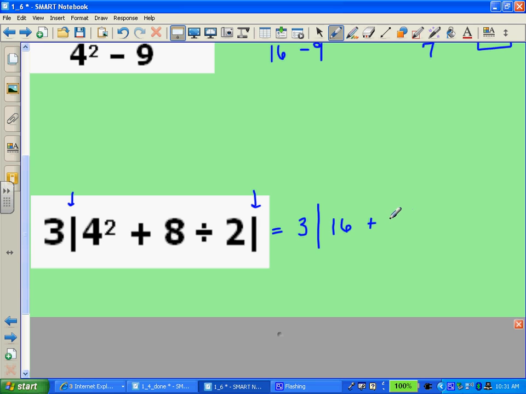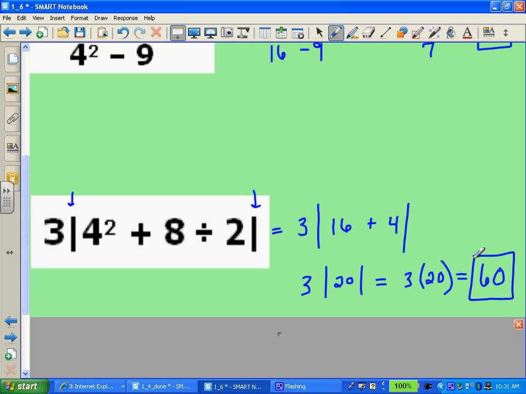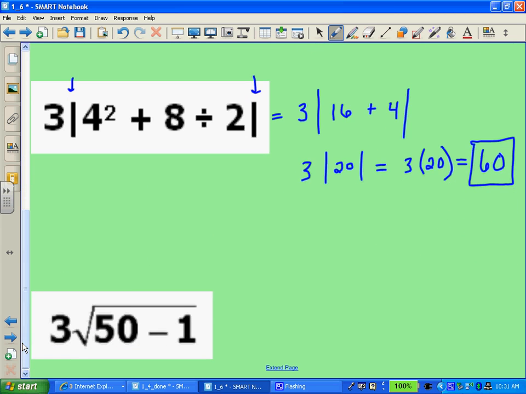And then I have division. Since I've already done the exponent, I can do the division next. So 8 divided by 2 is 4. So then 16 plus 4 is 20. Now the absolute value of 20 is just 20 because it's already positive. So then I have 60. Now notice if that would have been a negative 20, it would have then become a positive 20.